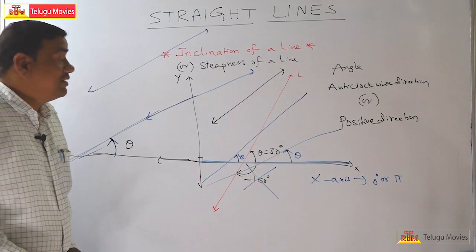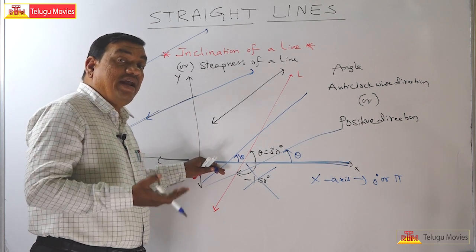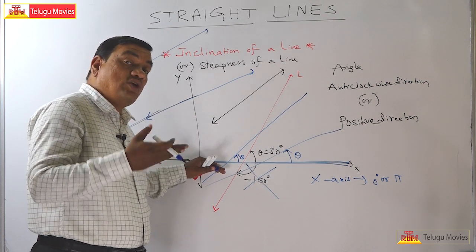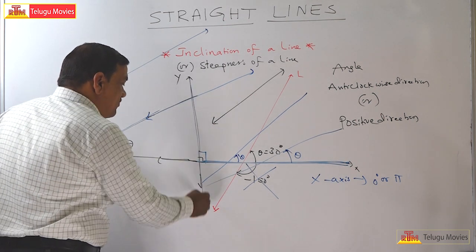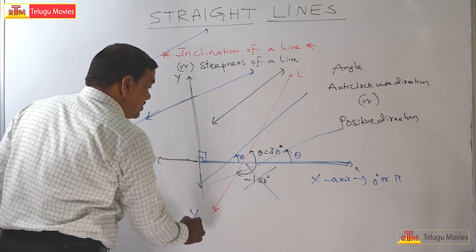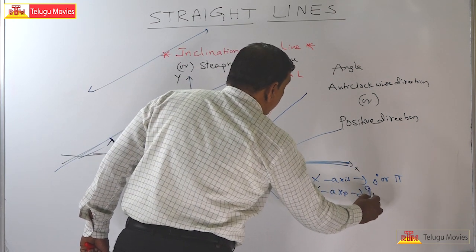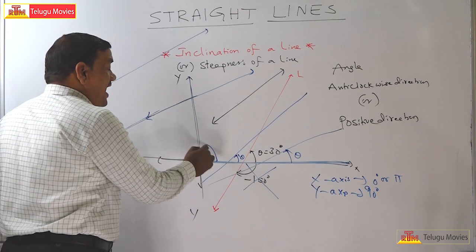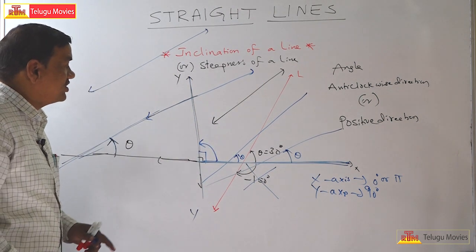Inclination of the x-axis, that means what? The x-axis makes an angle with the x-axis of how many degrees? 0 degrees. What is the inclination of the y-axis? The y-axis inclination is 90 degrees. So this is the angle made by the line with the x-axis in the opposite direction, 90 degrees.